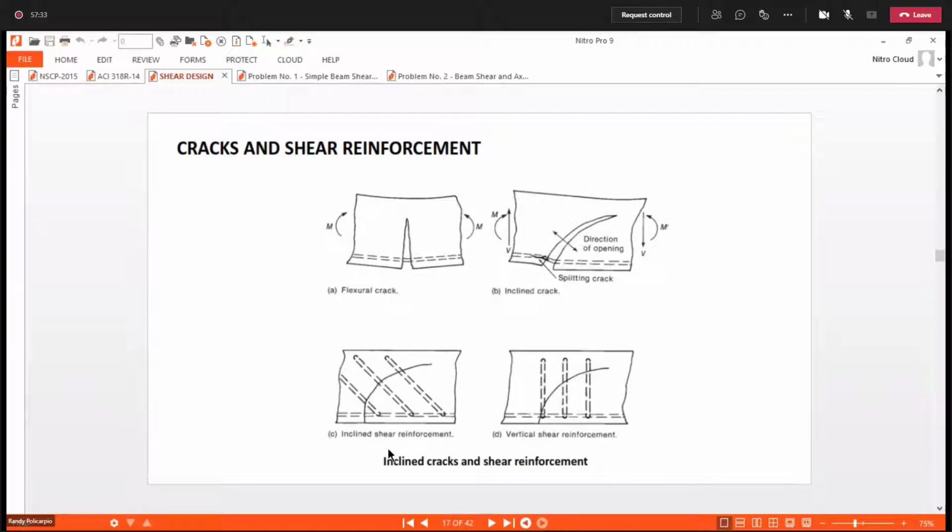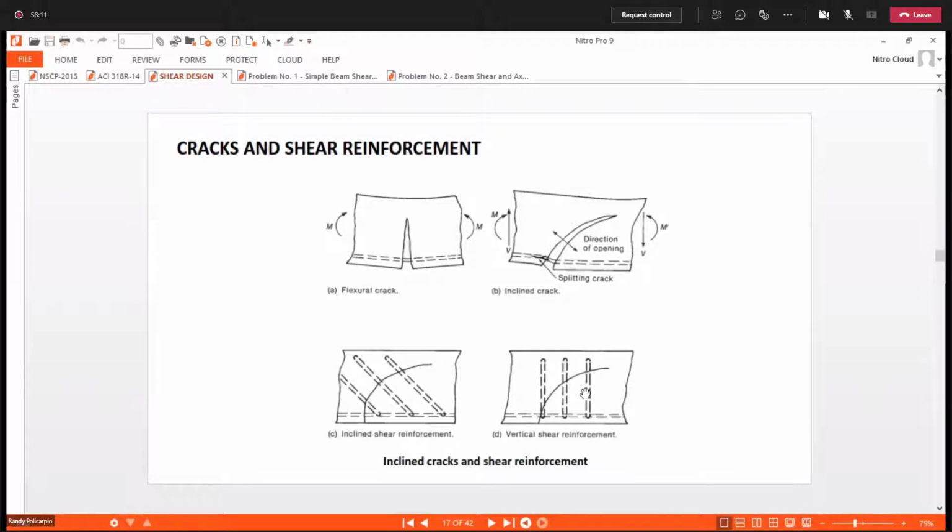Okay, so eto ngayon yung purpose ng ating shear reinforcement. So if yung crack in the beam is like this, it's actually inclined. By putting a shear reinforcement like this one, a diagonal reinforcement, we can actually prevent this crack na mag-occur or mag-develop.